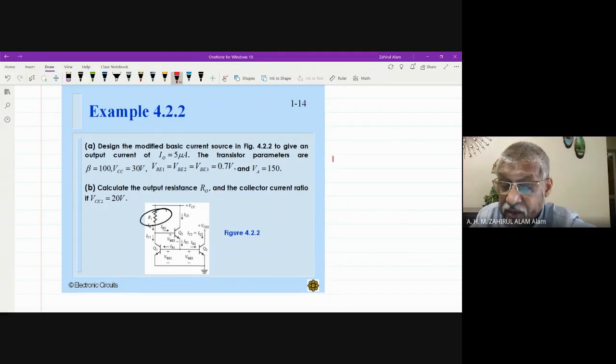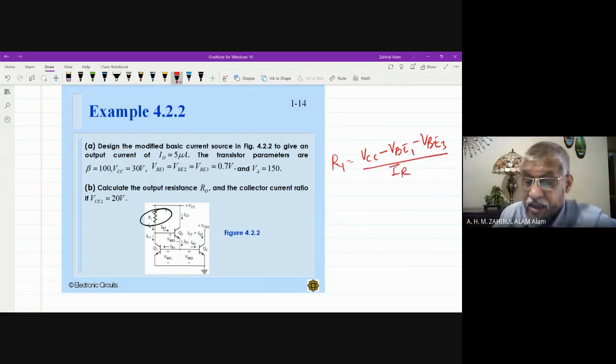How to find R1? R1 is equal to VCC minus VBE1 minus VBE3 divided by IR. Now what is IR?